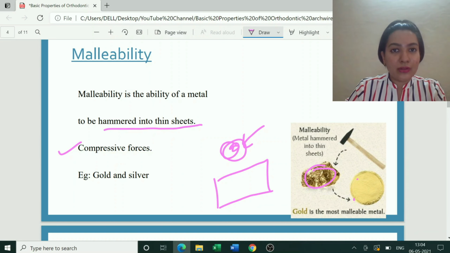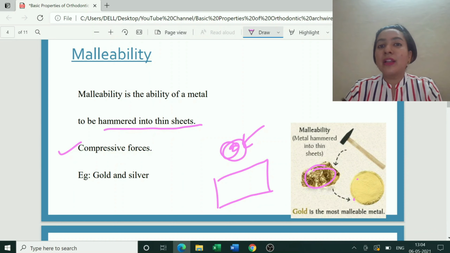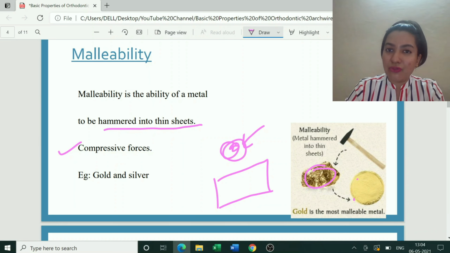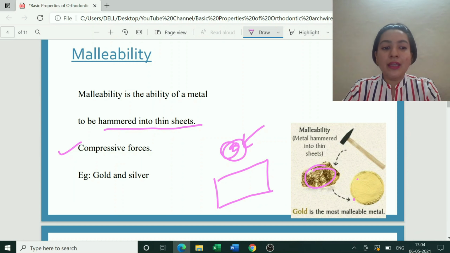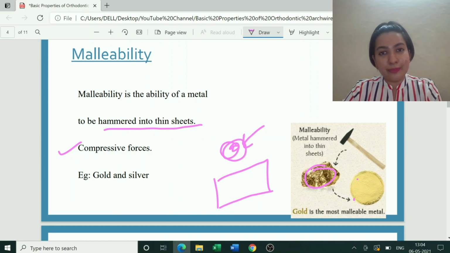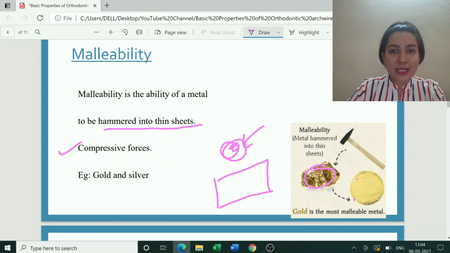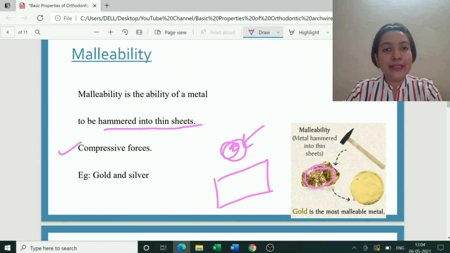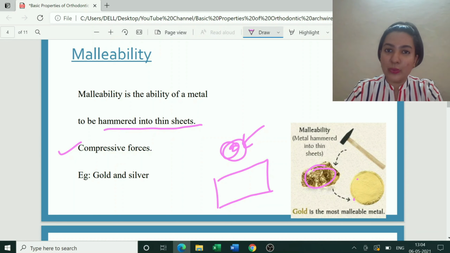Tensile forces are acting on ductile material, and on the ones which are malleable, compressive forces are acting. Okay, earlier we used to have metals and brackets made up of gold. But now with advancements coming up, as I mentioned, evolution being there, we have different materials which can be used. So these are the basic properties of ductility and malleability and the basic difference between them.